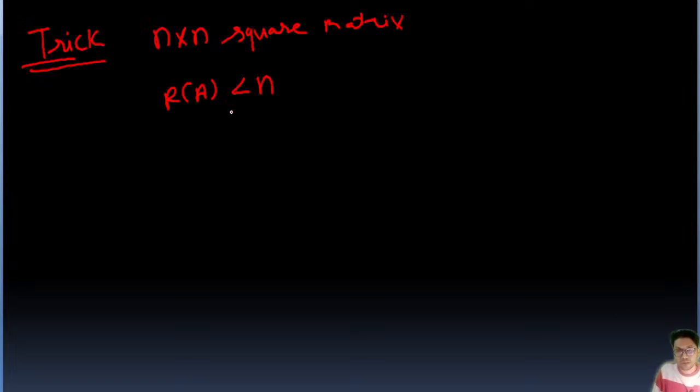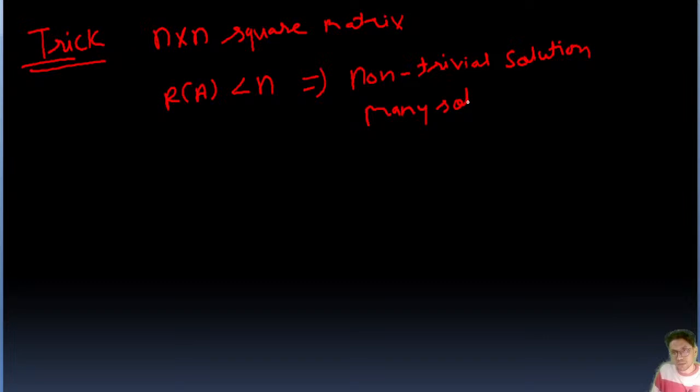So this trick is, for an n cross n square matrix, if rank of A is less than n, that implies non-trivial solutions of the matrix equation, or many solutions. Okay, for an n cross n matrix.